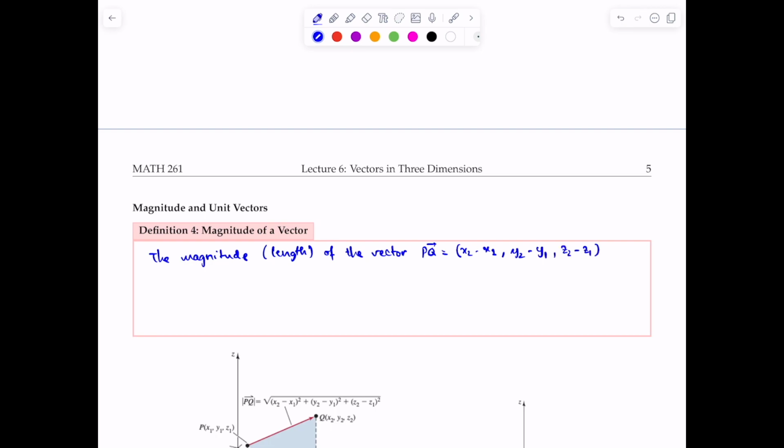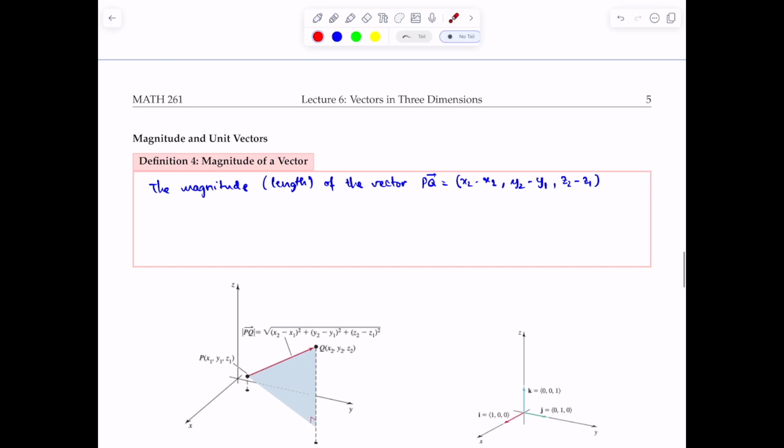This is just the setup when you look at the graph right here. It's certainly going to change depending on the problem, but for now the setup is that P is the point (x1, y1, z1) and Q is the point (x2, y2, z2).